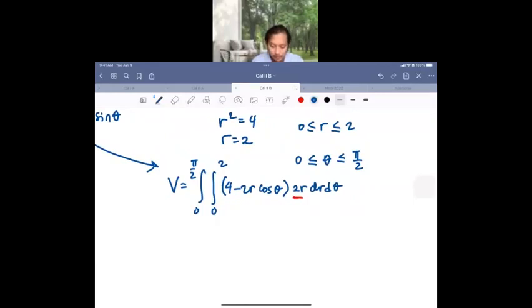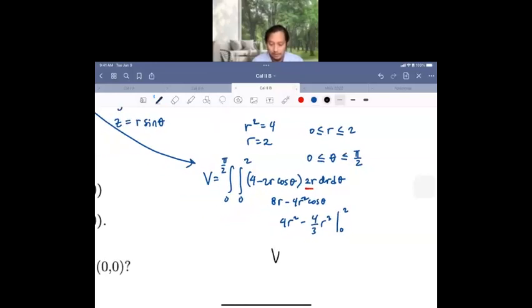dr is supposed to be 8r minus 4r squared cos theta, dr. This will be 8 or 4r squared minus 4 over 3 r cubed from 0 to 2. And the volume is 16.